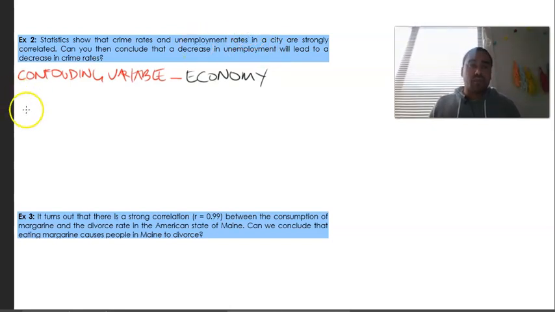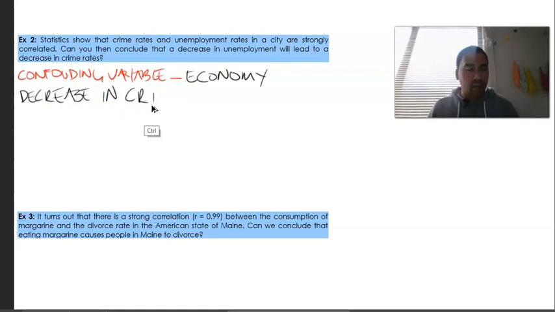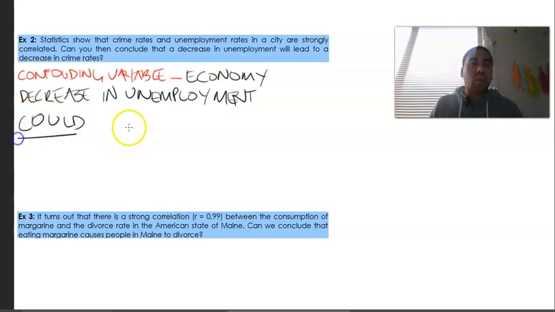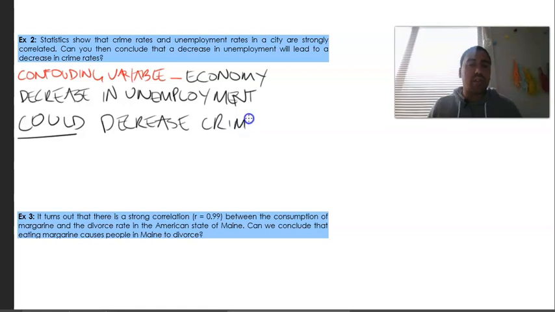So a decrease in unemployment could decrease crime rates.